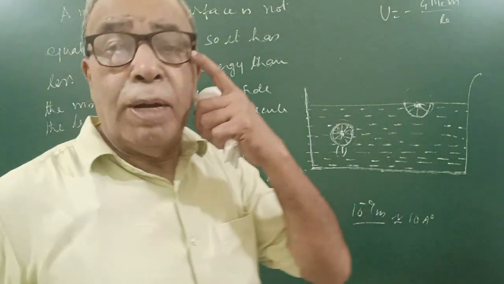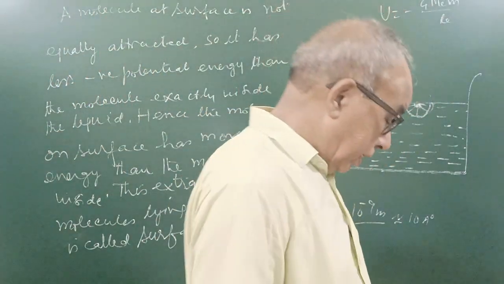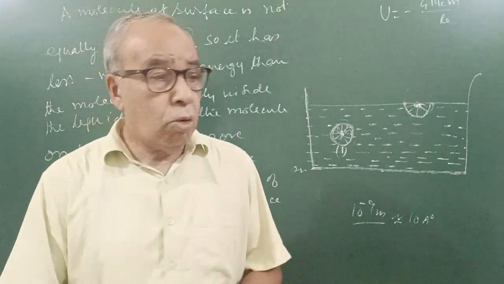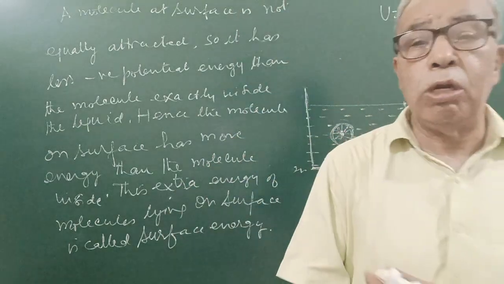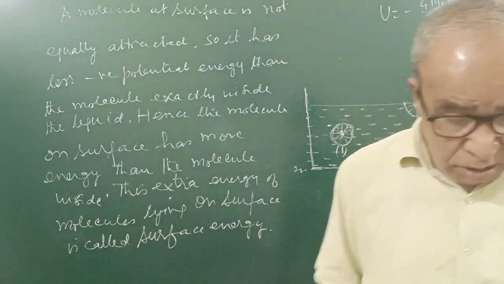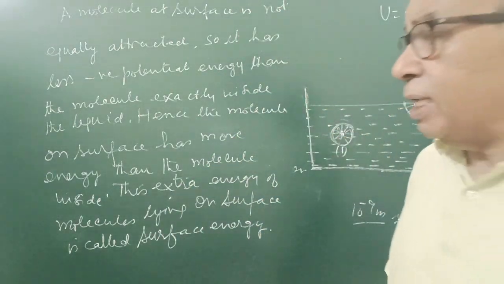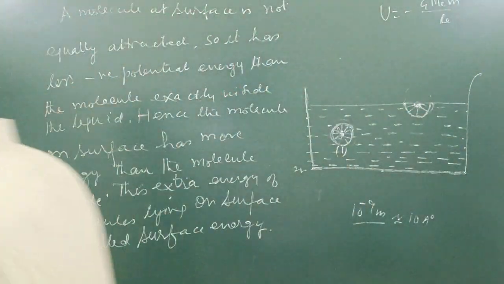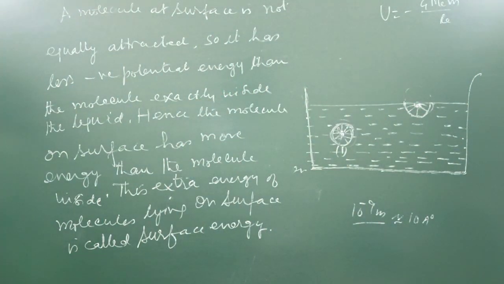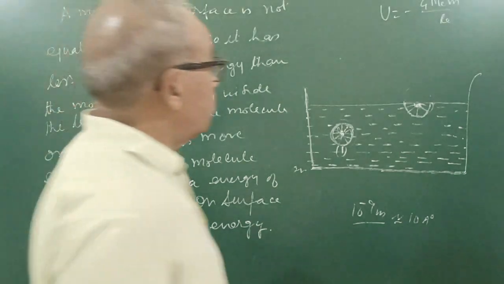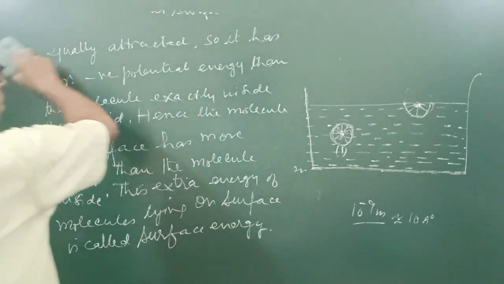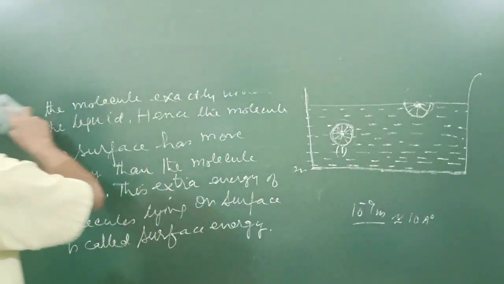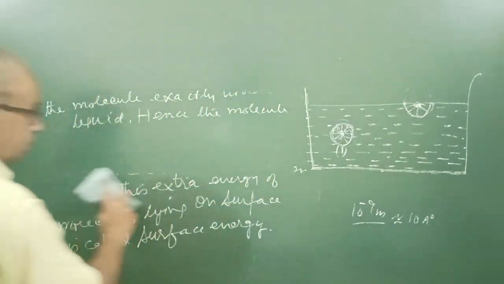So I think you might have got the concept of surface energy. If we increase the surface of the liquid, more molecules will be coming on the surface, and then we can calculate that surface energy. In books, it is written as energy per unit surface of liquid is called surface energy.